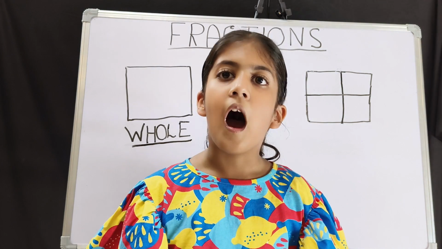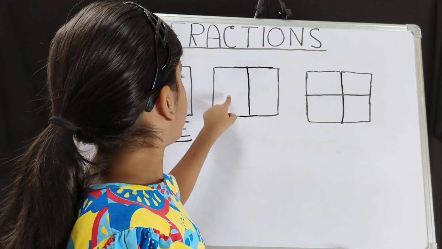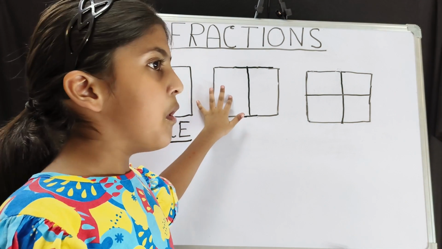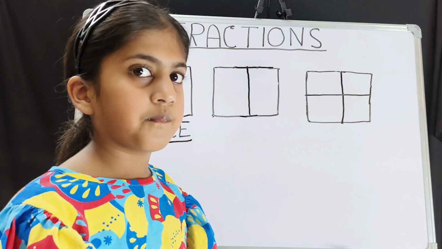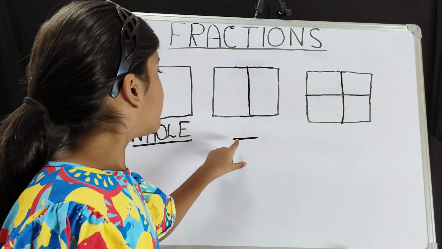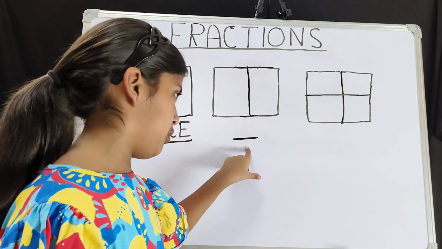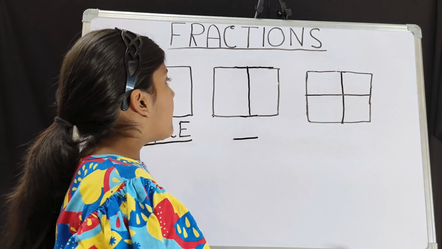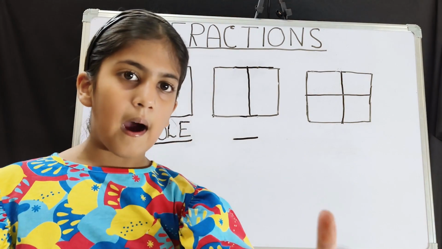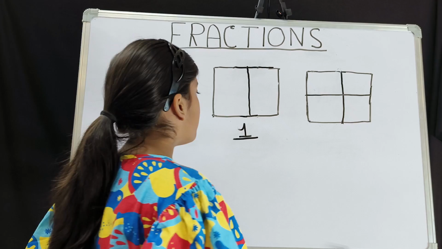Now let's learn how to write a fraction. If I am asking the fraction of this part, what will be the fraction? Every time we write a fraction, we write a number above this bar and a number below this bar. If I am asking for one part, I will write 1 over here.